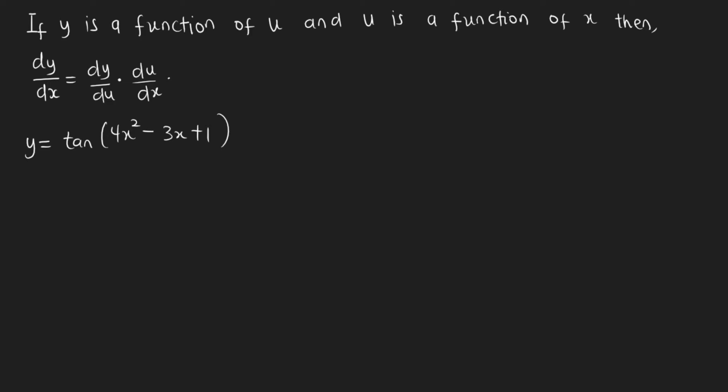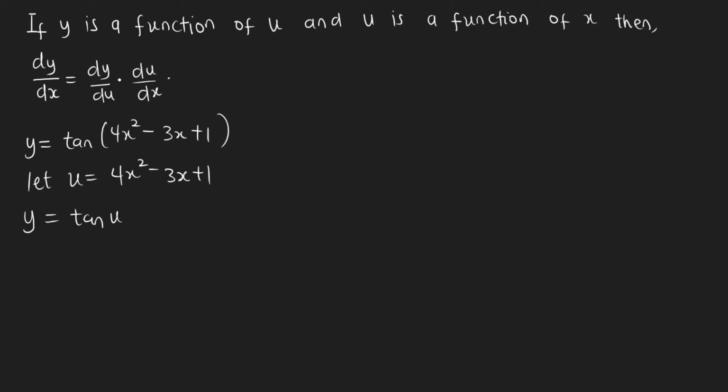So to do this, we must first express y in terms of u. Okay, so I'm going to let u be equal to 4x squared minus 3x plus 1. And then from there I'm going to have y to be equal to the tan of what? u. So y will be equal to tan u.